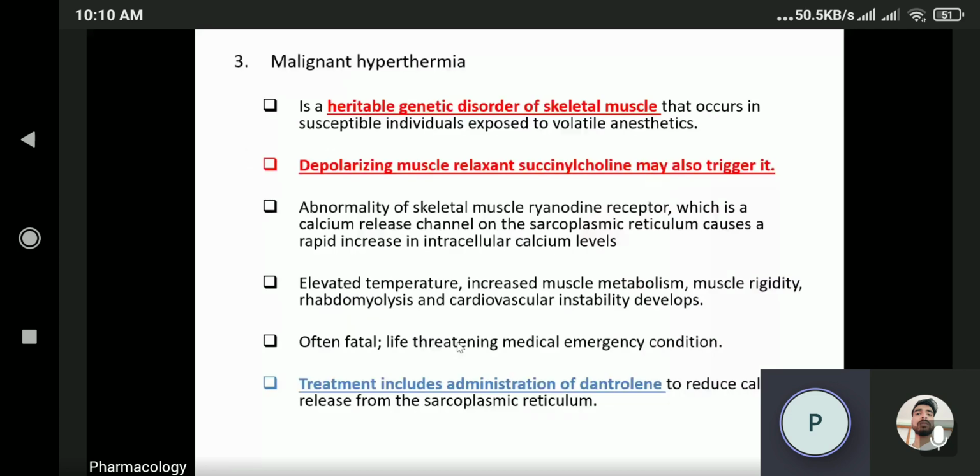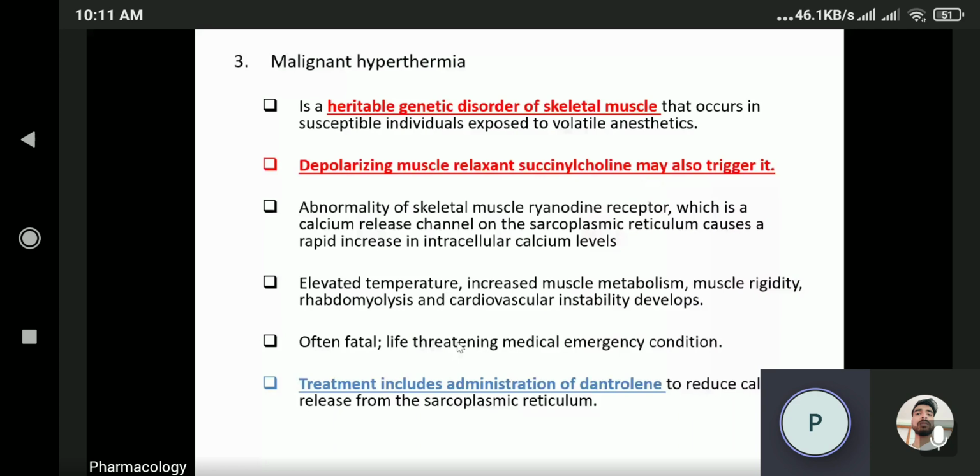So the next important adverse effect is malignant hyperthermia, which was mainly related to the drug known as, what was the name of the drug? Halothane. Okay, I've already explained it briefly. It is not seen in all individuals. There is a certain group of genetic abnormalities seen in some patients.